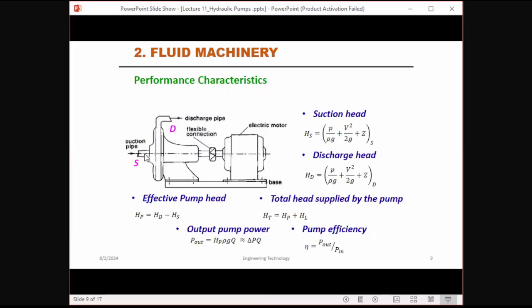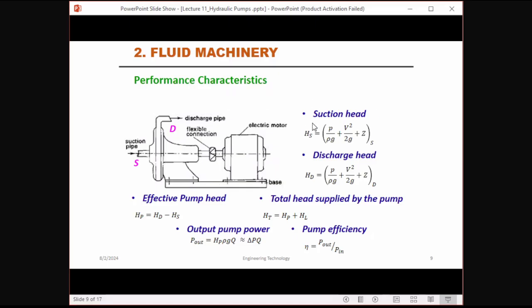Then pump inlet here, outlet here. Flexible connection means this is a coupling. Electrical motor here, then base plate.